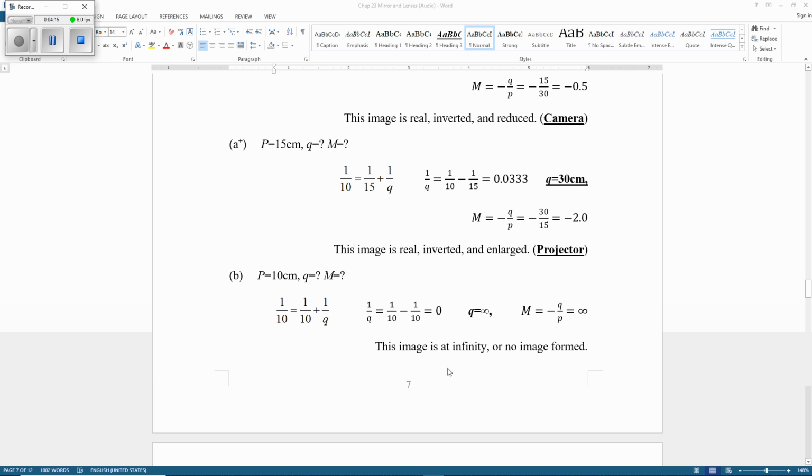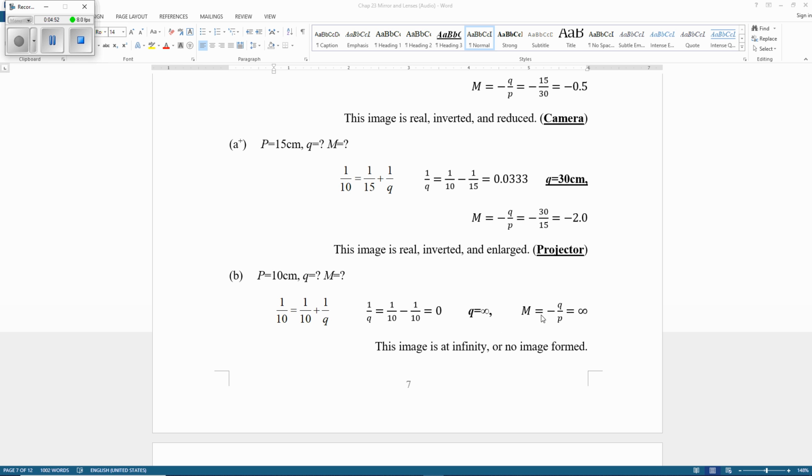Now let's see this one. If P equals 10 centimeters, P equals F. So 1 over 10 equals 1 over 10, and we solve for Q. The only solution: you see here, 1 over Q equals 1 over 10 minus 1 over 10, which gives you 0. So the only solution is Q equals infinity, right? Because 1 over Q equals 0, Q must equal infinity. 1 divided by infinity gives 0.